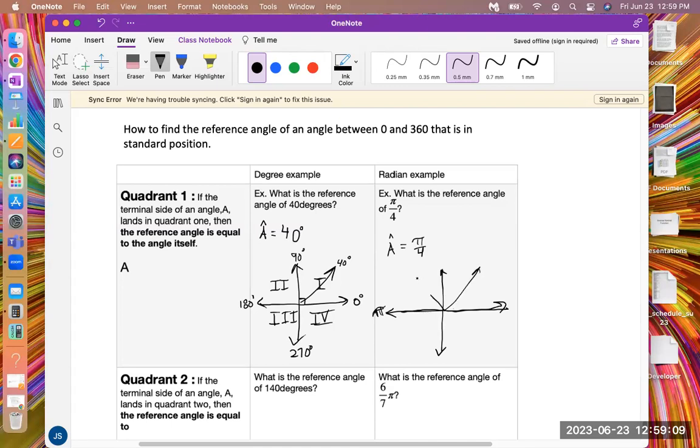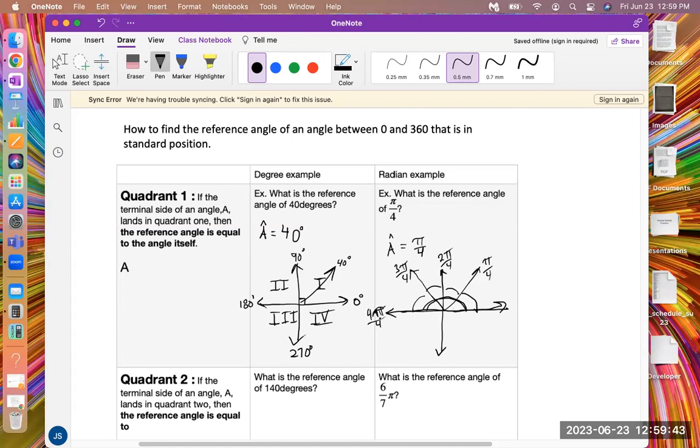This is the whole pi, and it's 4 equal pieces, so each one of these is pi over 4. So that would be 1 pi over 4, 2 pi over 4, which reduces to pi over 2, then 3 pi over 4, and then 4 pi over 4, which reduces to just pi.